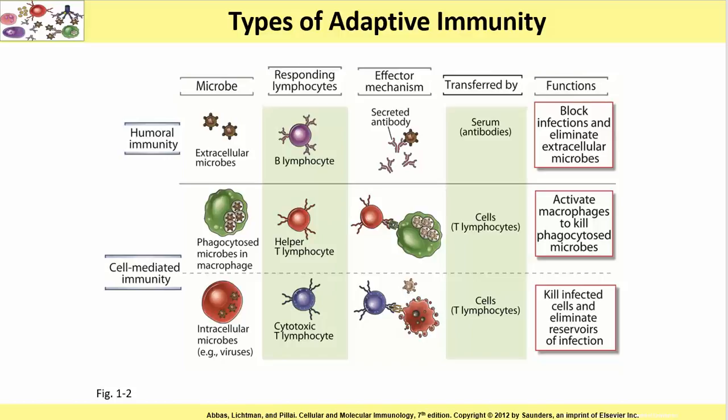But humoral immunity only works on the microbes, on the pathogens that are found extracellularly, that are found in the interstitium. The lymphocyte that responds is the B lymphocyte, and then it turns into plasma cells, and plasma cells secrete antibodies, and then antibodies end up eliminating the microbes by tagging them.